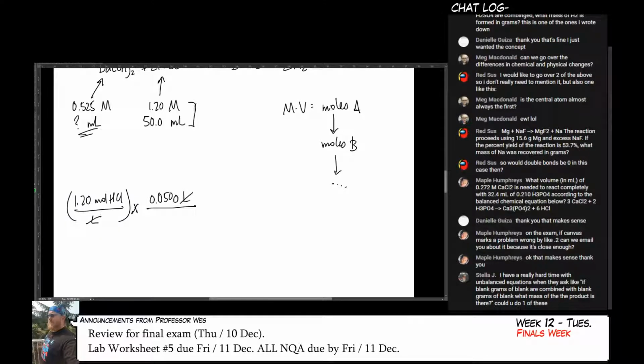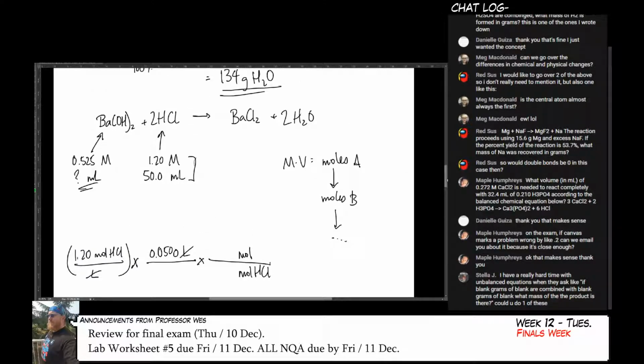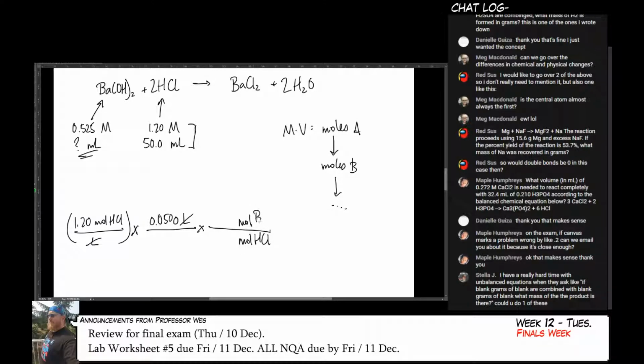There you go. So if I were to punch this in the calculator, I would get the number of moles of HCl. It'd be 1.20 times 0.050. But what I'm going to do instead is, I know this is moles of HCl. This is the only unit that's left, so I'm just going to keep the calculation going. And so this will be moles of, what are we turning this into? Barium hydroxide.